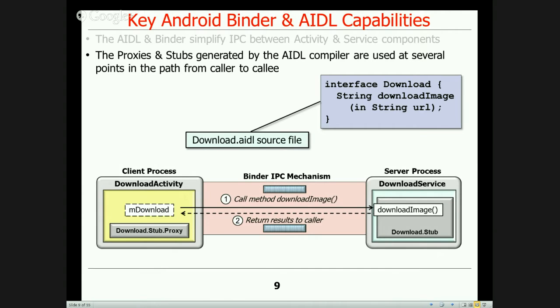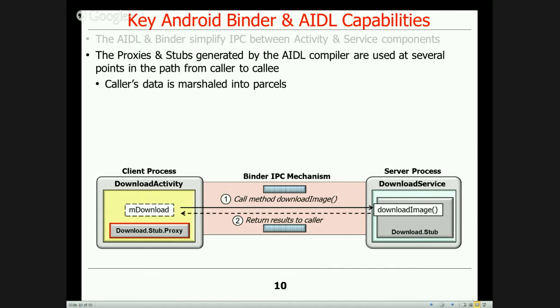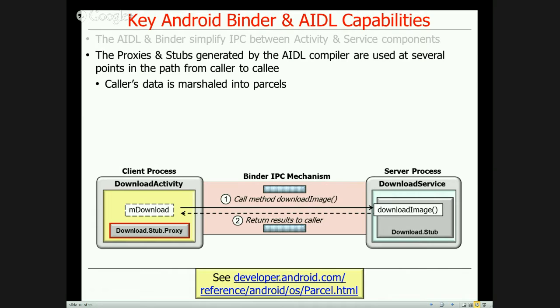There's an AIDL compiler. It generates proxies and stubs that are used at several points in the path from the caller to the callee. Here's a simple example of an interface, not unlike the one that you are using for various things. So this is a download image method defined in the download interface. The AIDL compiler generates code that will convert the caller's data into so-called parcels. That's done by the proxy. You can read more about parcels here.